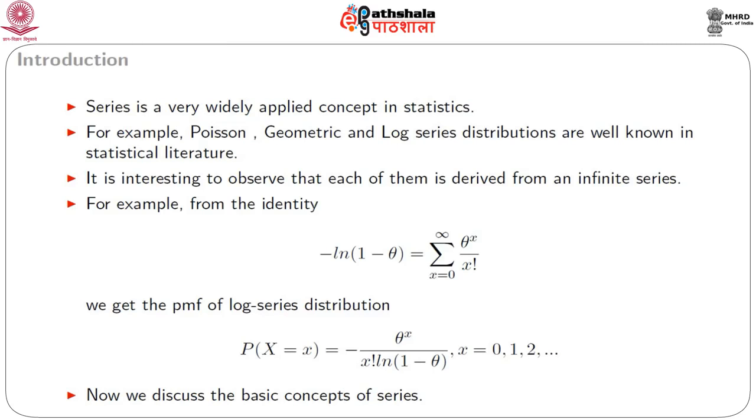In statistics, particularly in probability theory, we know Poisson, geometric and log series distributions, and it is interesting to observe that each of them is derived from an infinite series.